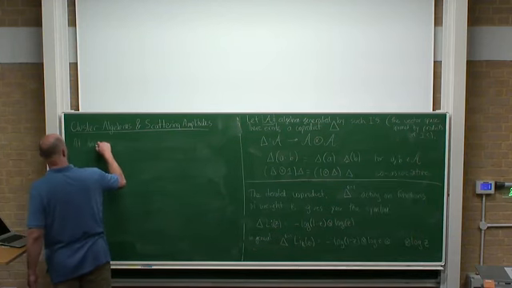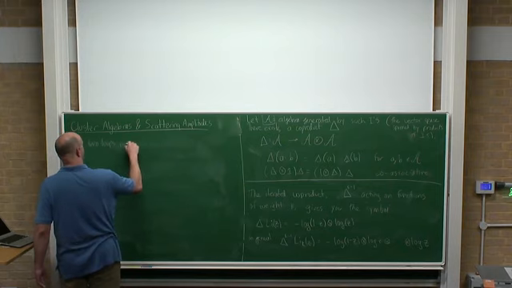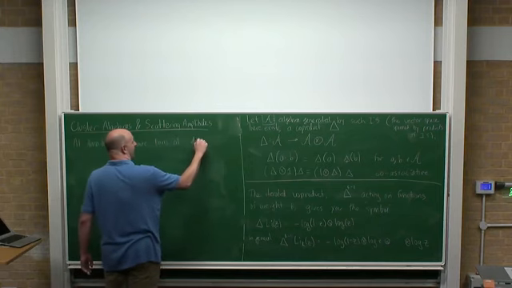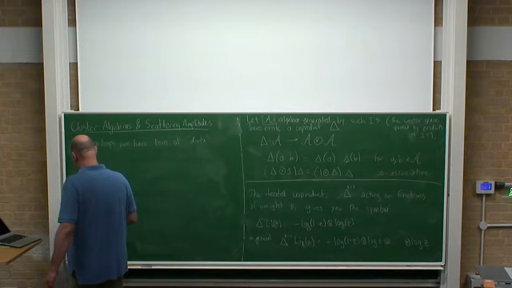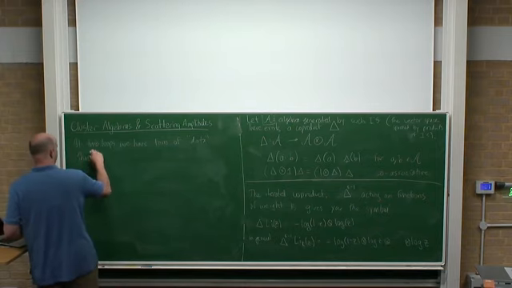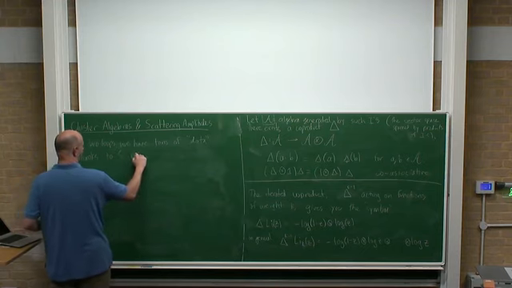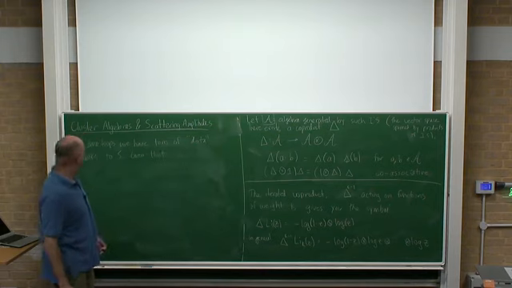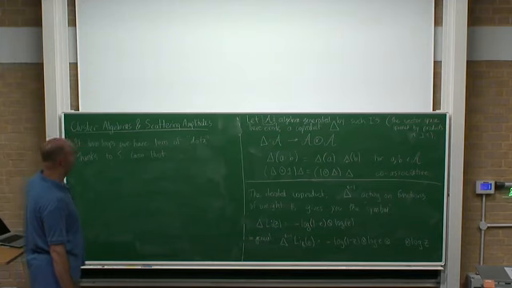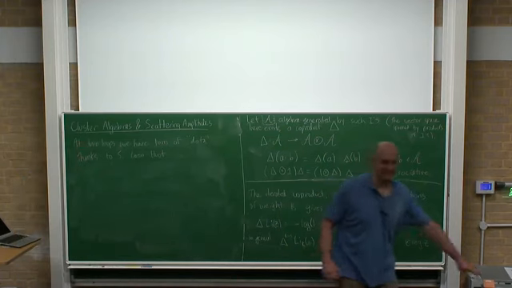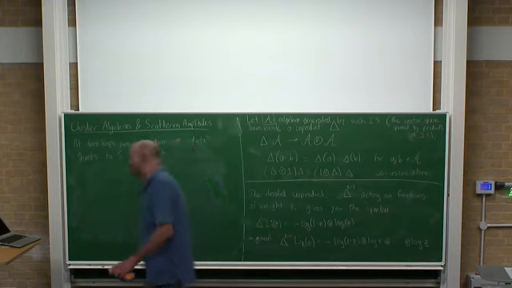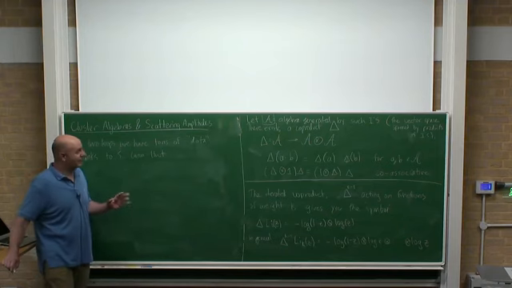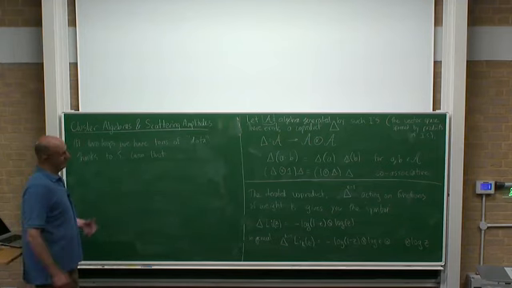At 2 loops, we have tons of data, not thanks to the LHC, but thanks to Simon Caron-Huot, who in 2011 calculated the symbol of, well, actually he did more than that.